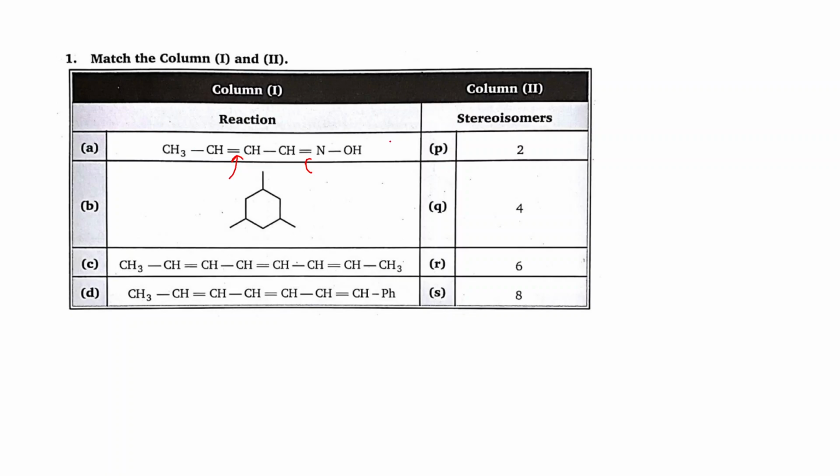Is the structure symmetric or unsymmetric? Of course, unsymmetric. So you have unique numbering here. Let's say this is 1, 2, 3, 4. The double bond at carbon number 1 and nitrogen is entirely different from the double bond here. You might get confused, because in IUPAC nomenclature, if I want to have this double bond at carbon number 1, I will have to go through it and write a 2 here.